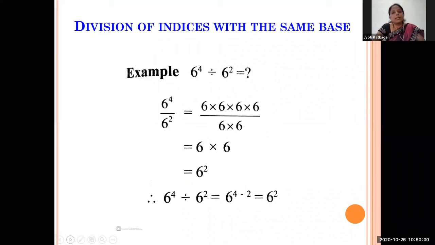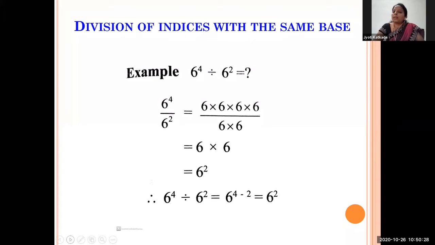See how we can simplify the number which is seen in the previous slide. 6 raised to 4 divided by 6 raised to 2. Take multiplication of 6 4 times: 6 into 6 into 6 into 6. And at the denominator, take multiplication of 6 2 times: 6 into 6.